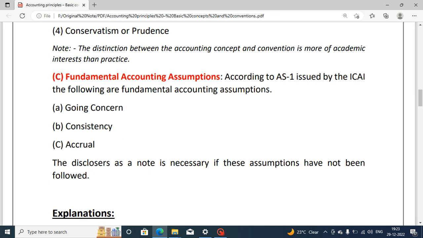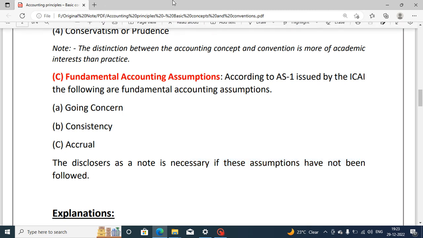Every organization should maintain these three assumptions while recording their transactions. If they are not followed, this needs to be mentioned in the notes to accounts. The disclosure as a note is necessary if these assumptions have not been followed. This is compulsory.